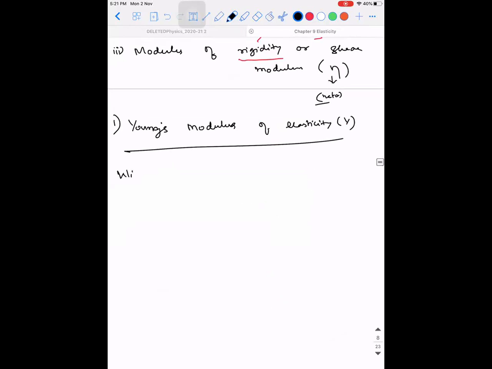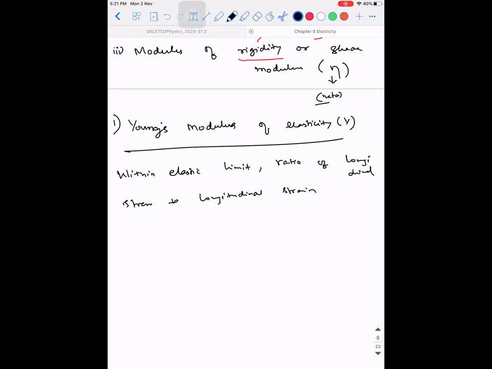Every statement starts like this: within elastic limit, the ratio of longitudinal stress to longitudinal strain is called Young's modulus.